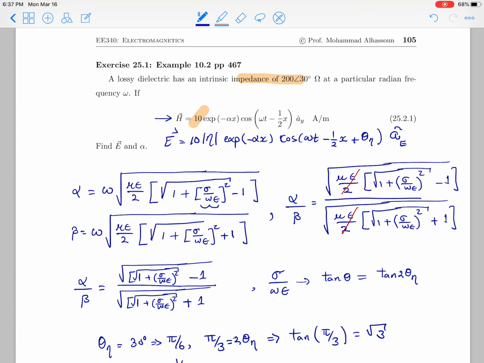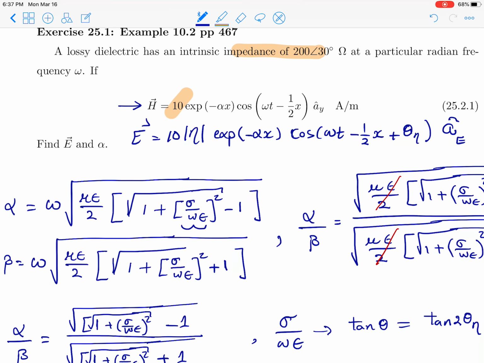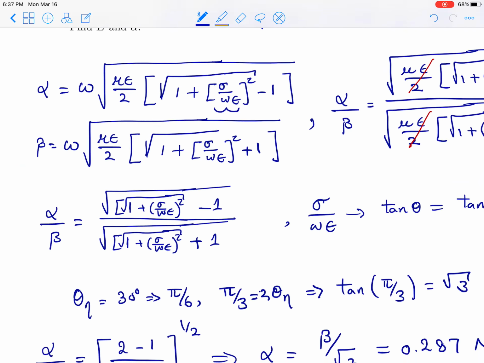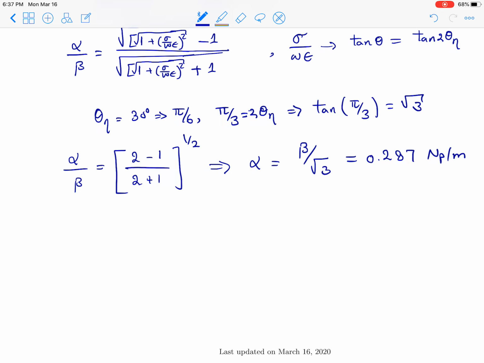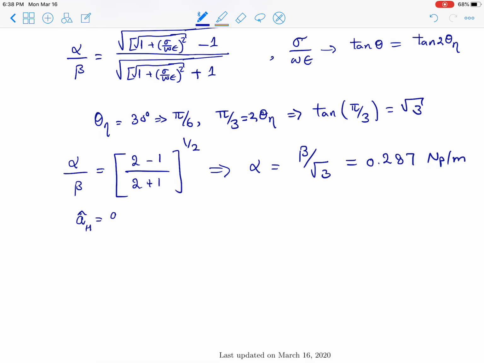The next step is to determine the direction of the electric field. From this expression, we know that aH is along the positive ay.